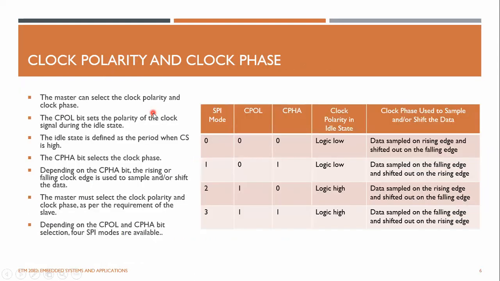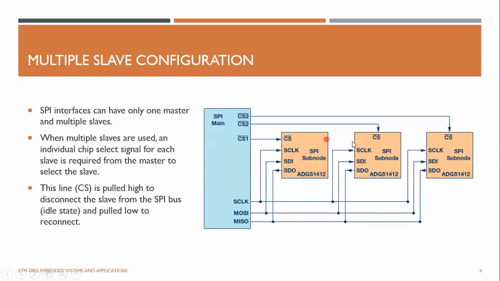And the thing is, when you have multiple slaves in regular SPI mode, the master needs to have different pins for chip select, right? Here, these data lines are shared between all the slaves, but when you have 3 slaves, you need 3 chip select pins dedicated by the master, right?